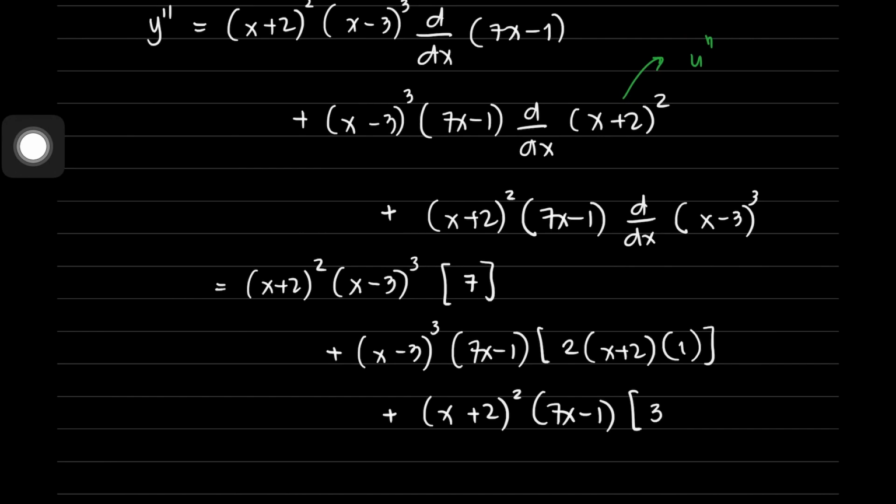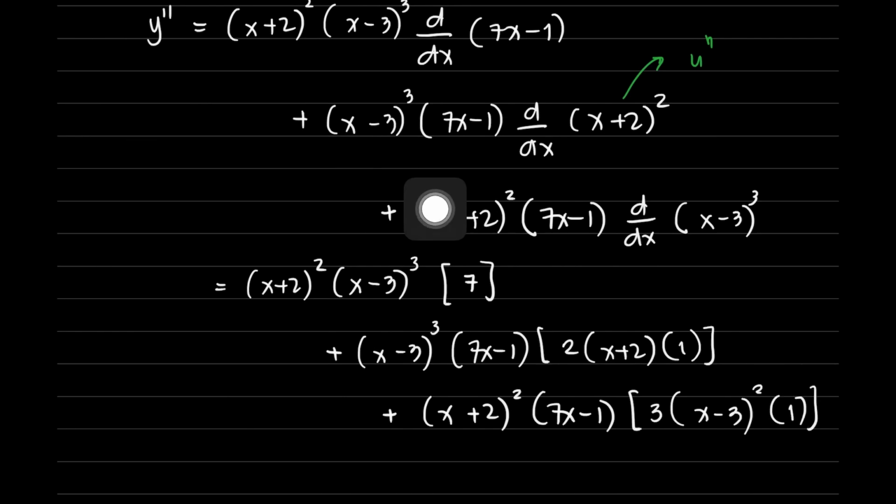And that is now equal to 3(x − 3)^2 multiplied by 1. The derivative of (x − 3)^3, we bring down 3, and then (x − 3) raised to n − 1, so 3 − 1 is 2, multiplied by the derivative of x − 3, which is equal to 1. Alright? Now we are done with the derivative.